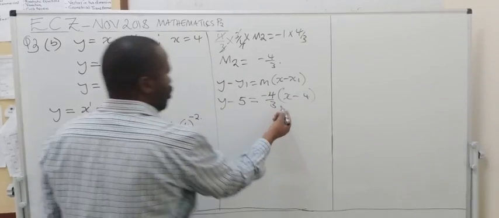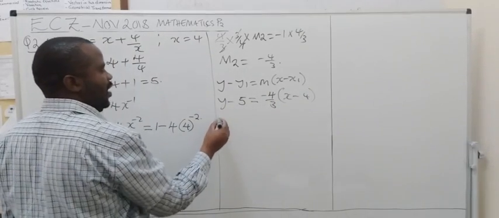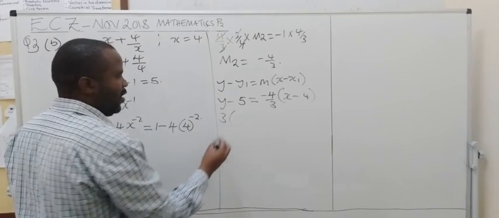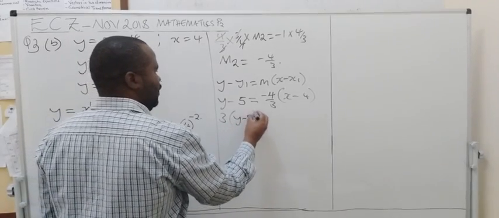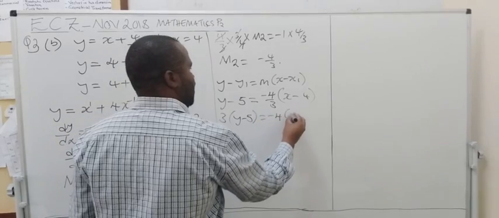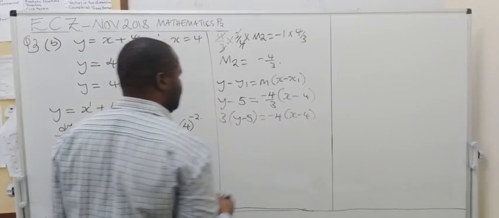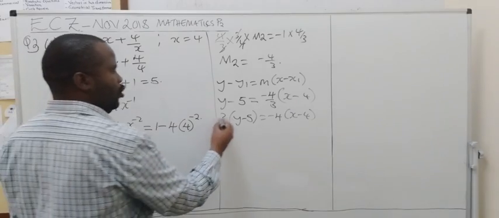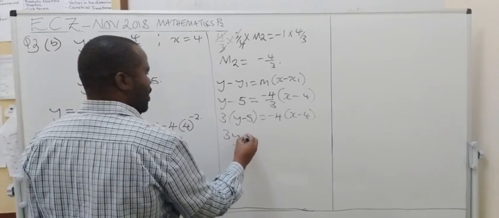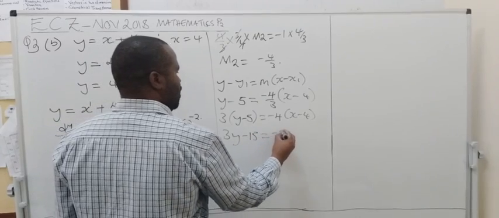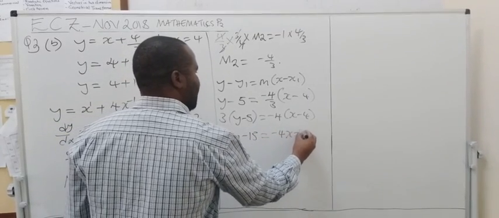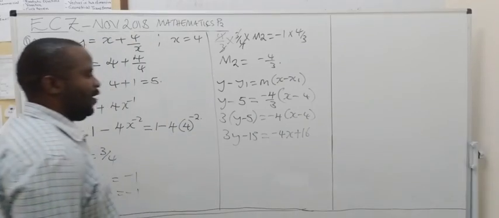So you multiply by 3 this side. You have 3, open the bracket, y minus 5 is equal to negative 4, x minus 4. When you multiply here, you get 3y minus 15 is equal to negative 4x plus 16. I hope that is okay.